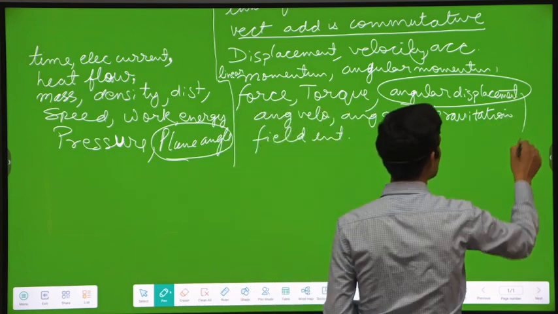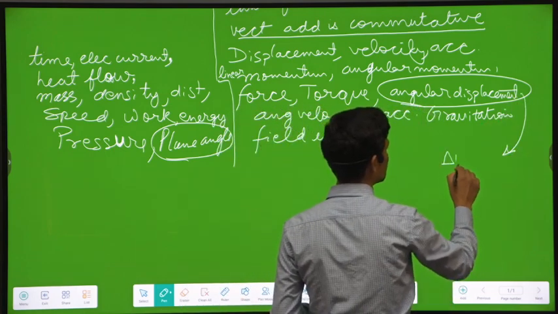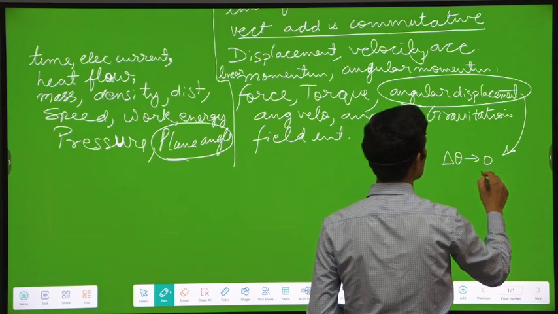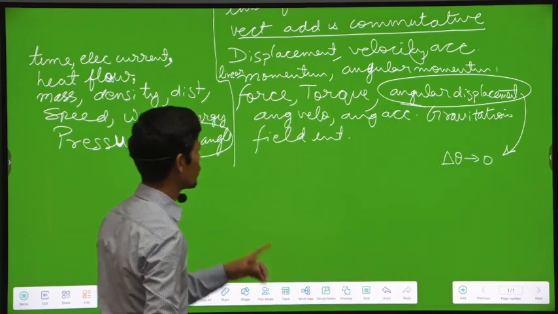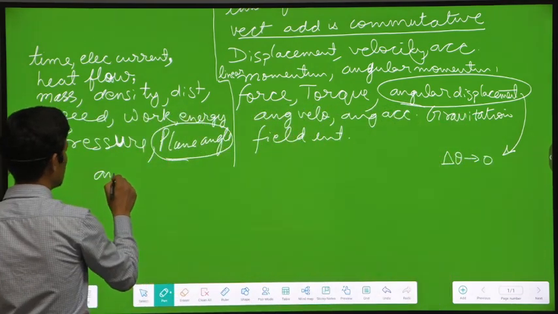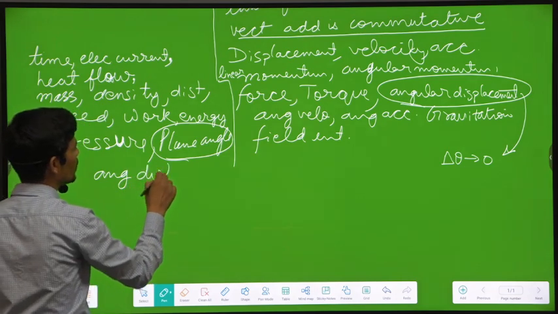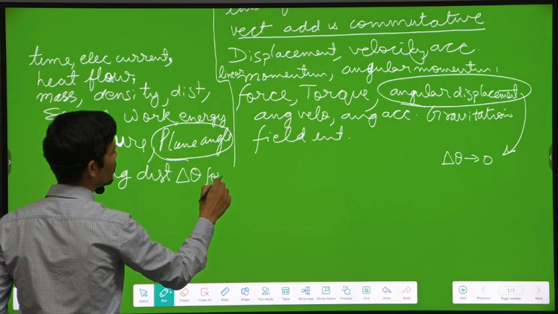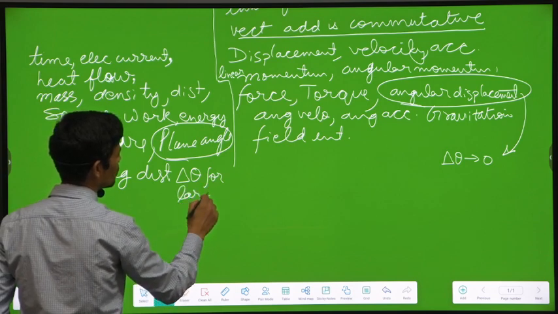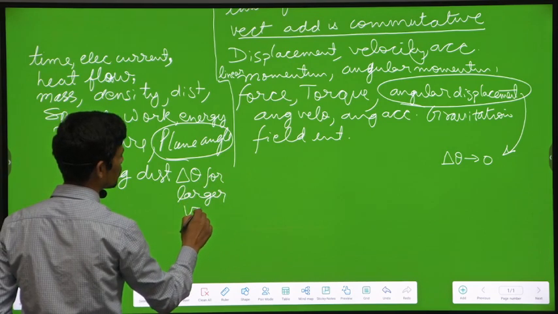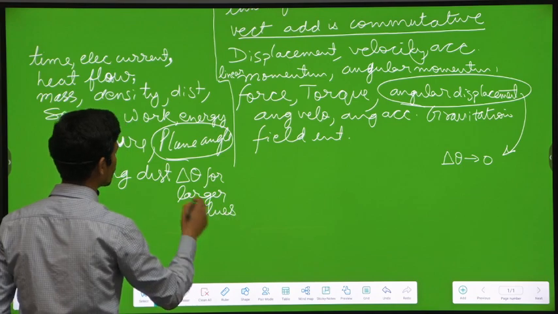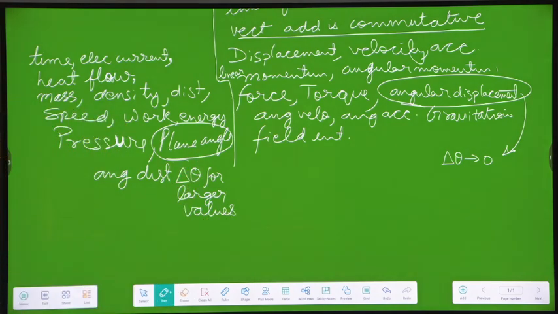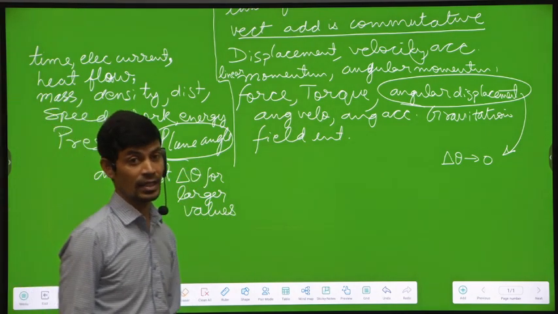If angular displacement delta theta tends to 0, then it will be called a vector, but angular displacement for larger values is considered a scalar.